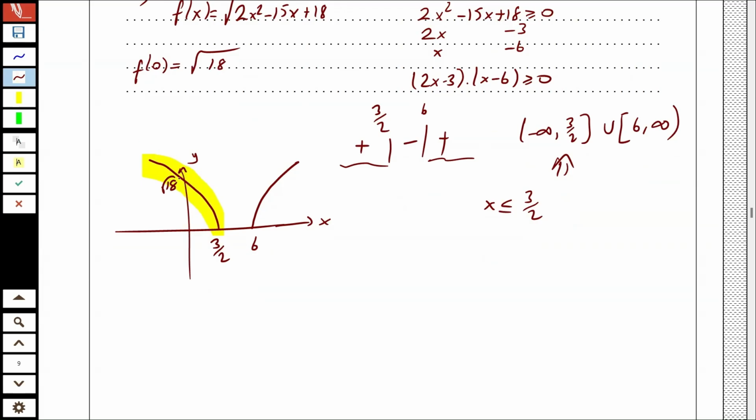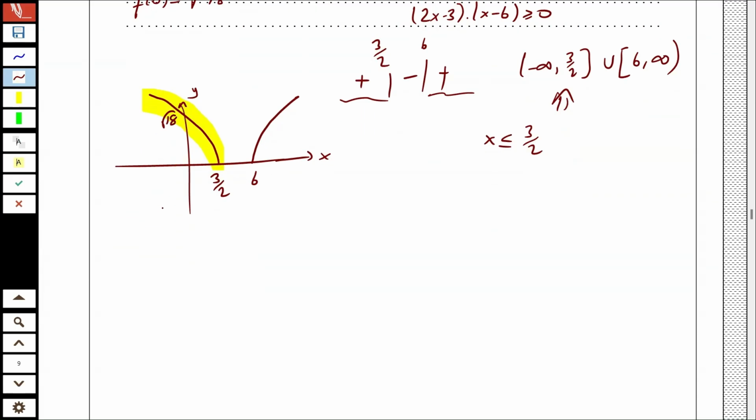And here it is one-to-one. You can mention that the function is one-to-one.